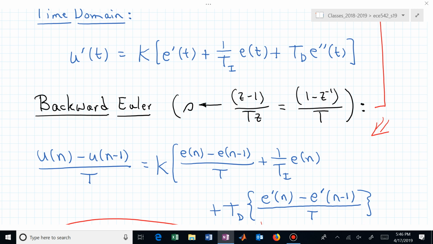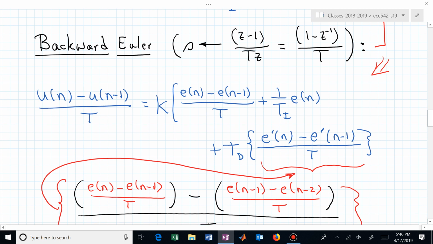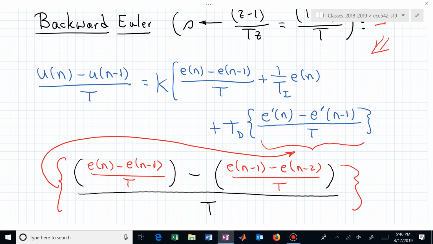In the first pass through this, let's find an approximation of the first derivative of those two derivative operations on the error. We are saying we have the first derivative of the error minus the first derivative of the error at n minus 1, over T, and that's getting us a little bit closer. Now we need to approximate those derivatives again, and this is what results.